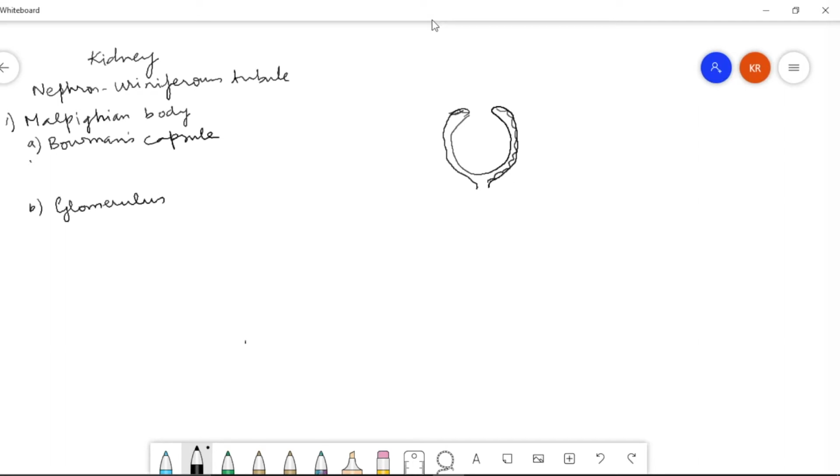Either you can imagine this to be a cup, or you can imagine a ball in which somebody has compressed a hand or a fist into it. Then this will give us this double walled structure. So these are two walls over here. So the Bowman's capsule is double walled.